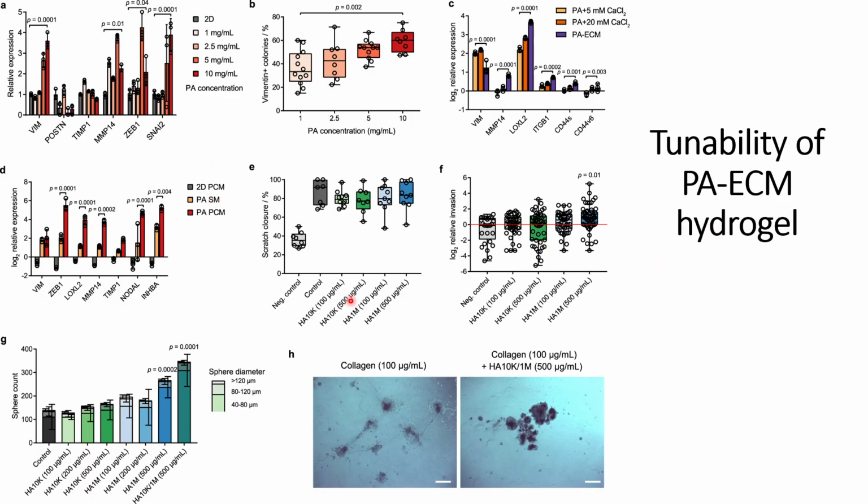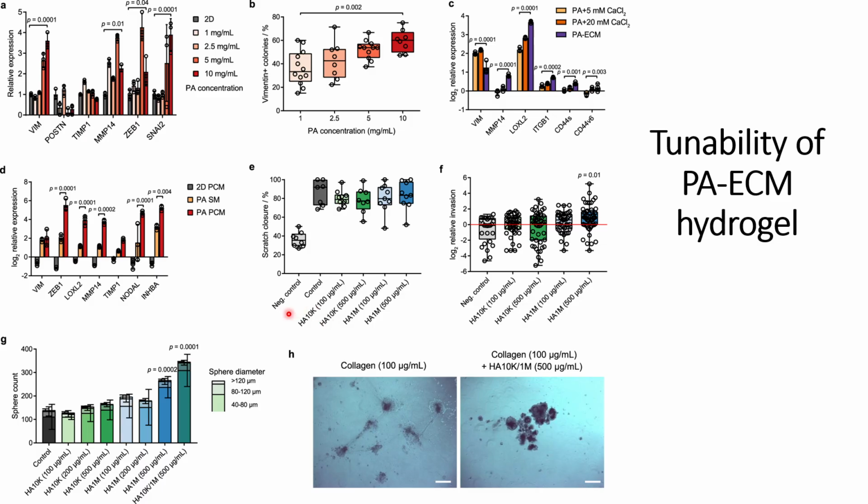Thereafter, after validating their tunability using PA, they also wanted to validate their hydrogel using HA, as HA is also found in the literature to contribute towards pancreatic cancer tumorigenesis.